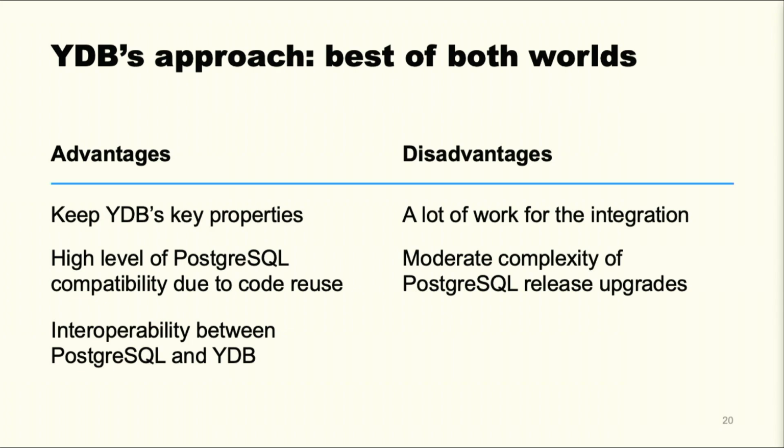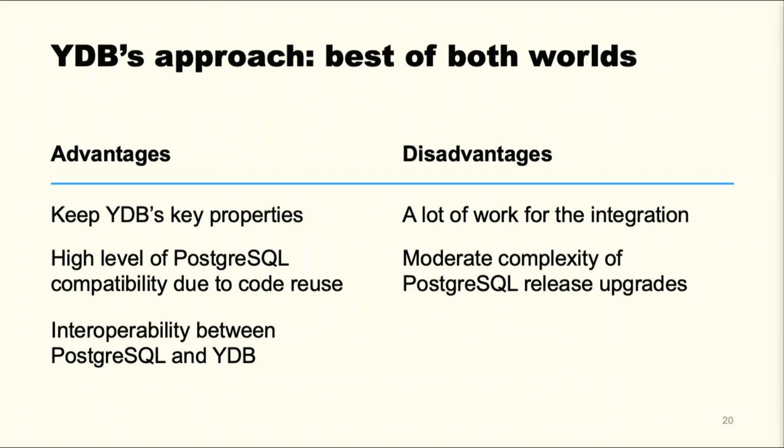And upgrading to each upcoming Postgres release is kind of in between of previous approaches we discussed. So it's more complex compared to extension, but easier than maintaining a fork. So for example, recently we upgraded from 14 to 16, and it was 1 week of one engineer's work.